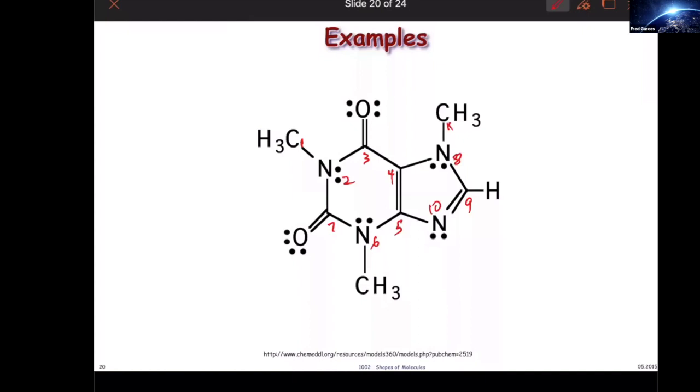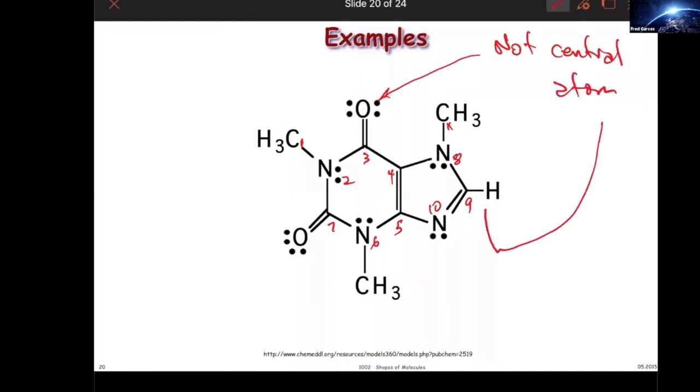The reason I don't put a number on that is that it's not a central atom. That's a terminal atom. Likewise here, that's a terminal atom. So there are no geometries around that. The last one I forgot is this, 12.